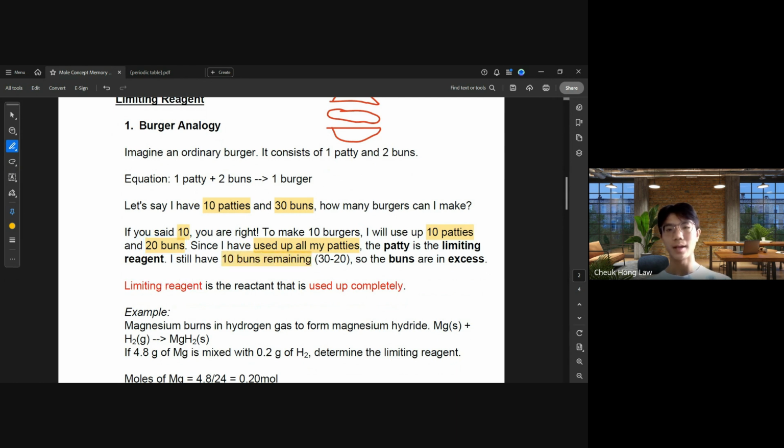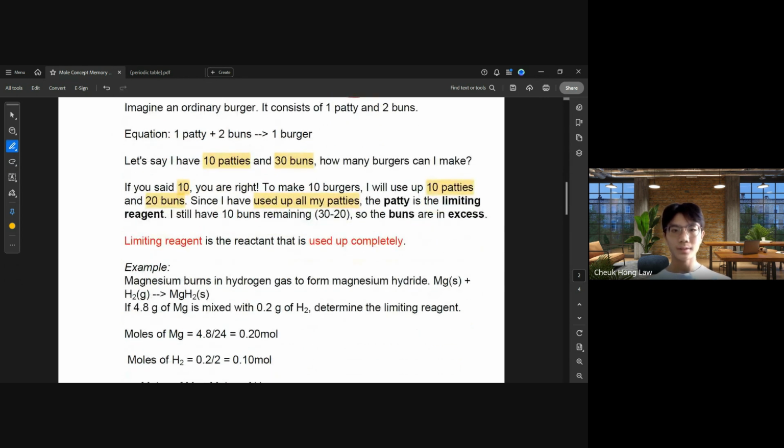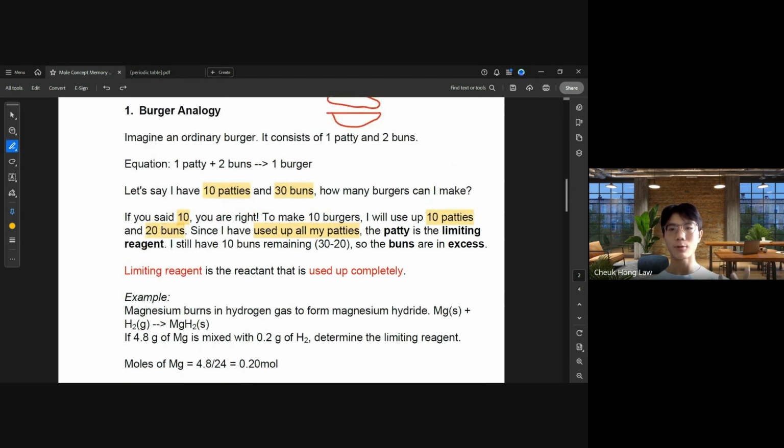The buns are in excess, meaning there is still some remaining even though the reaction has ended. So in short, the limiting reagent is the reactant that is used up completely, such that the whole reaction comes to a stop.